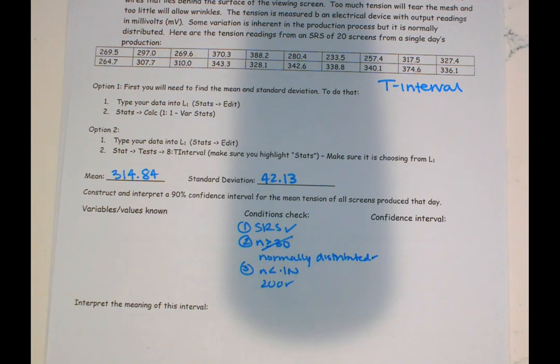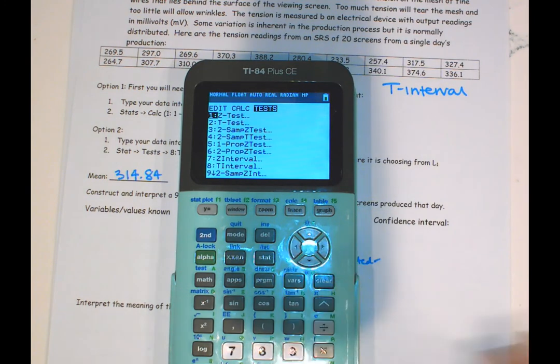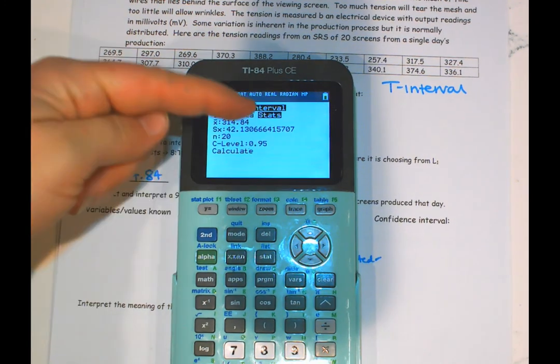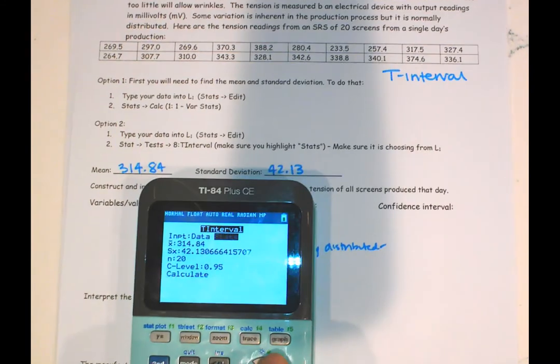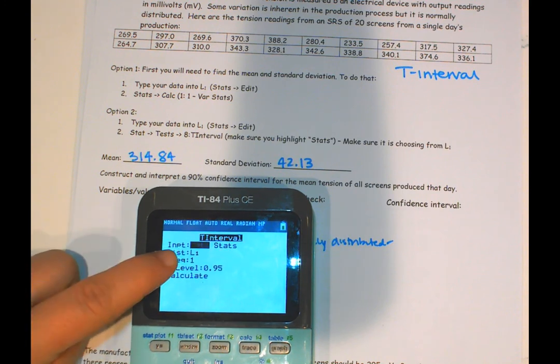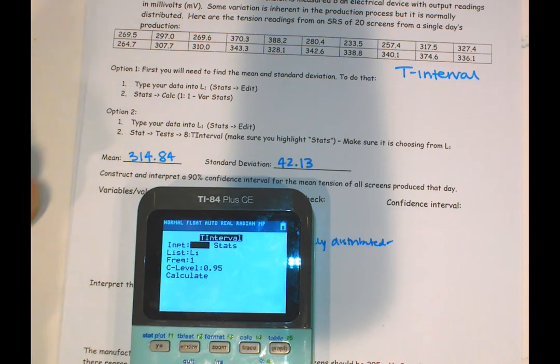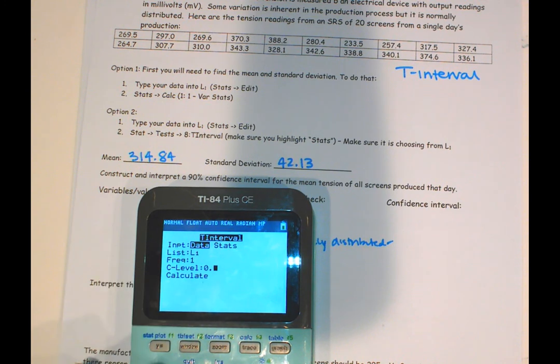So if I want to run my t-interval, I go Stat, over to Tests, down to TInterval. I can use Stats and type in the numbers that I found, or I can go over to Data and just tell it to pick from list 1. List 1 is where I put all of my data, and I want to be 90% confident.